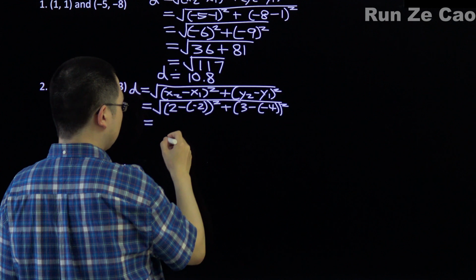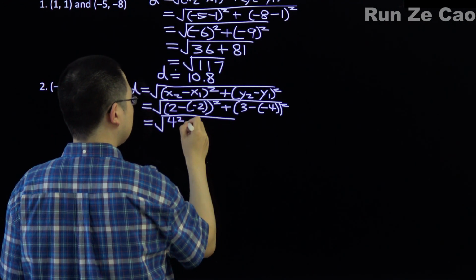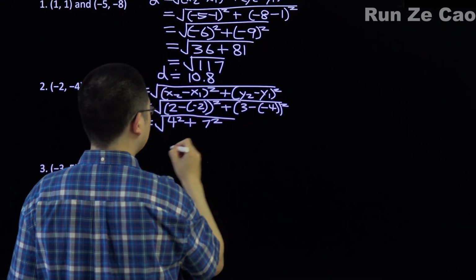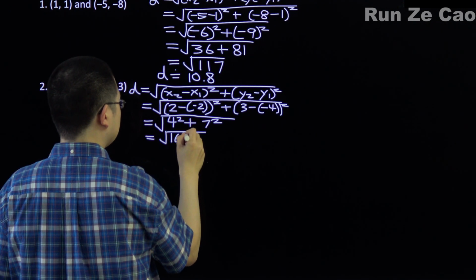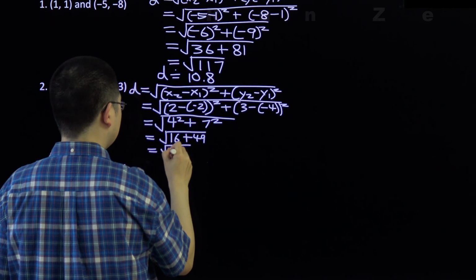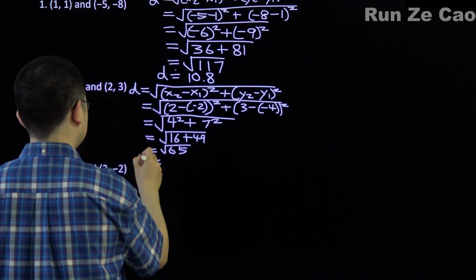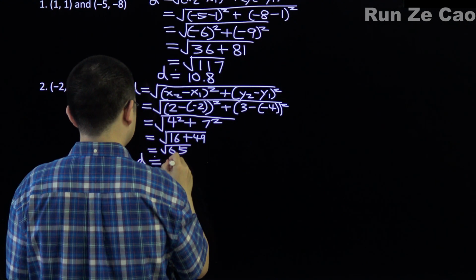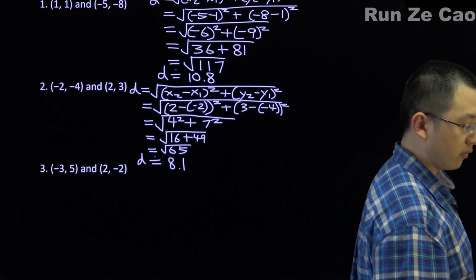So 2 plus 2 is 4, 4 squared, plus 3 plus 4 is 7, 7 squared. So that's root of 16 plus 49 equals root of 65, which is approximately 8.1, which is not surprising considering it's just over 64.